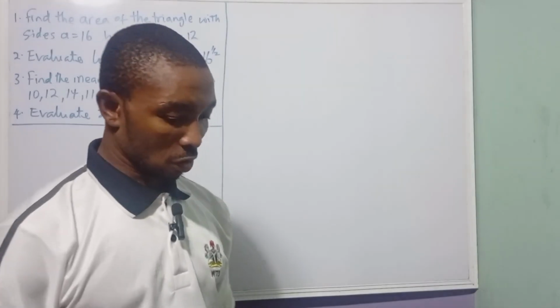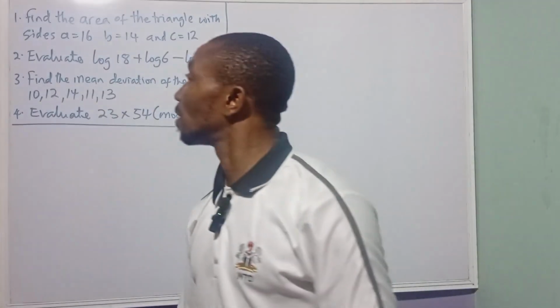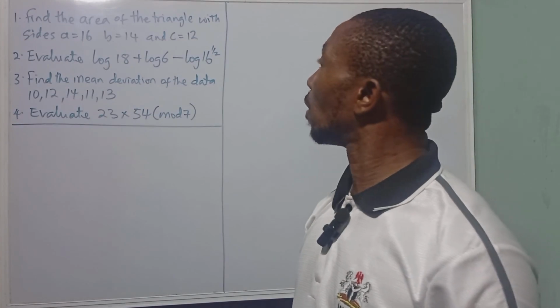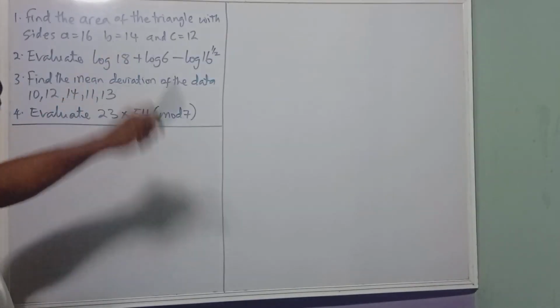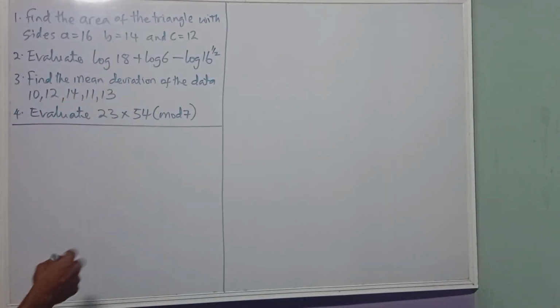All right, so our next set of questions says, find the area of a triangle with sides A 16, B 14, and C 12 centimeters.